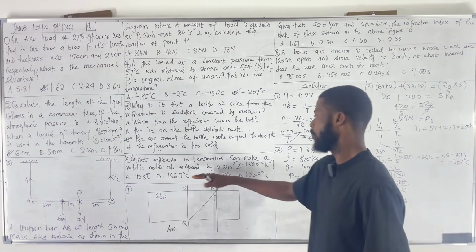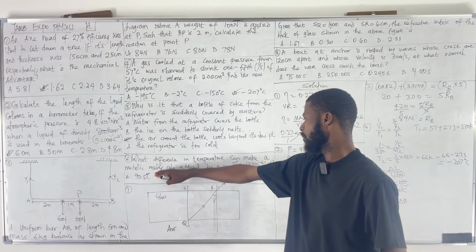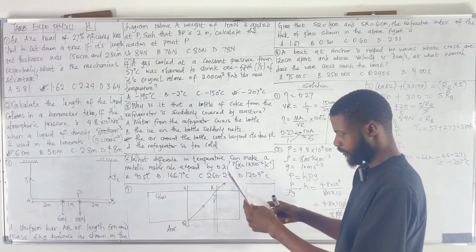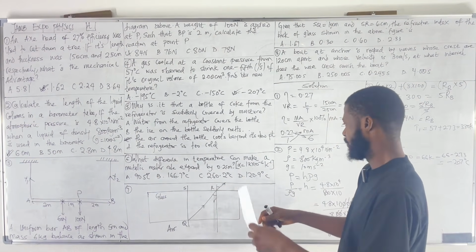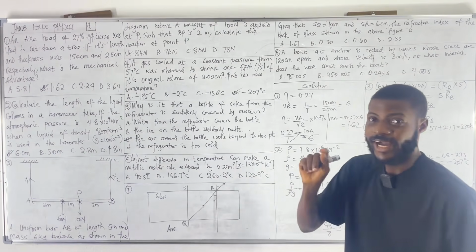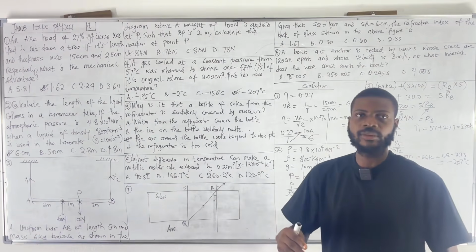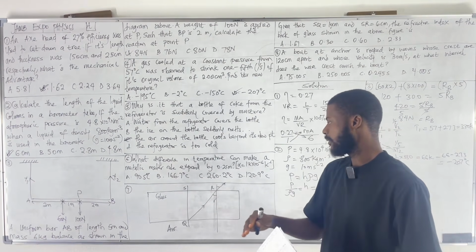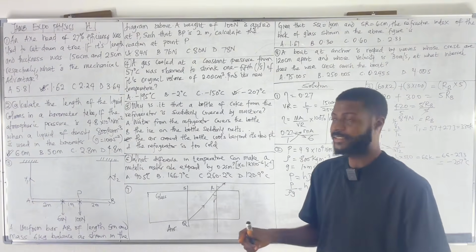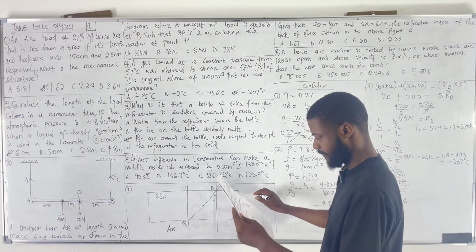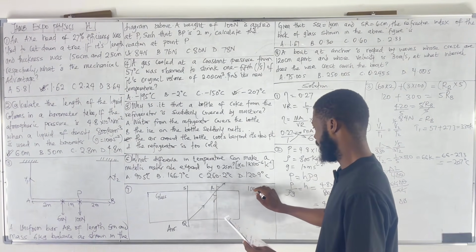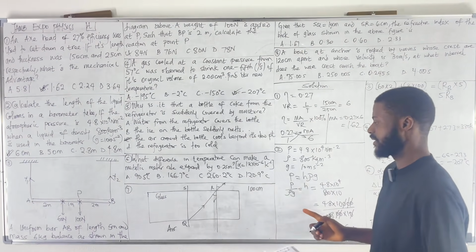Okay, so a meter rule, an important piece of information: we know a meter rule is 100 cm, ideally. It's 100 centimeters, that is what it is.